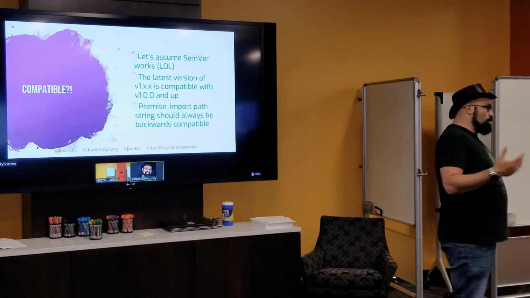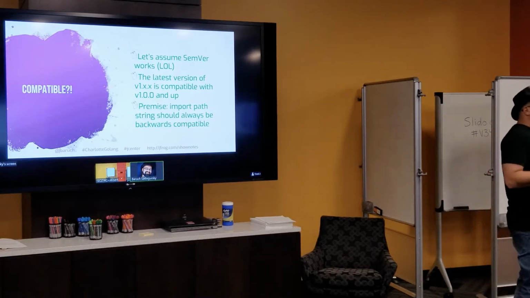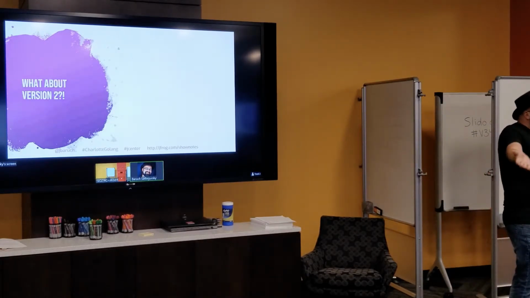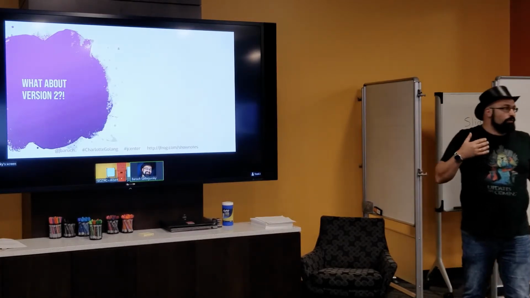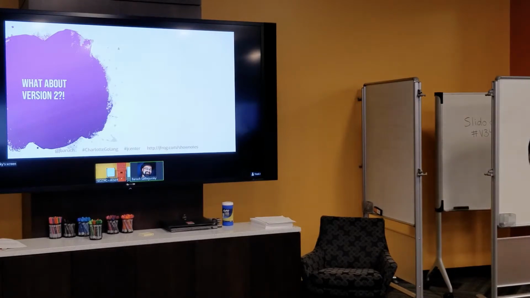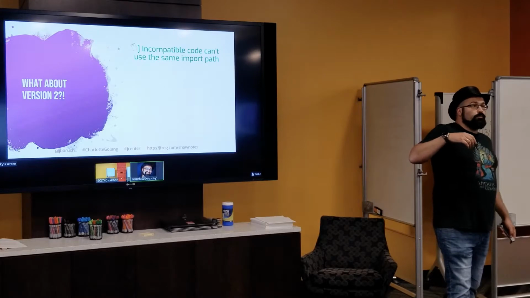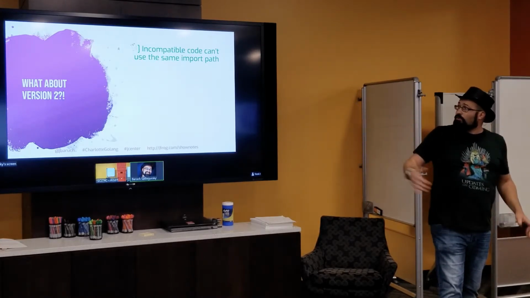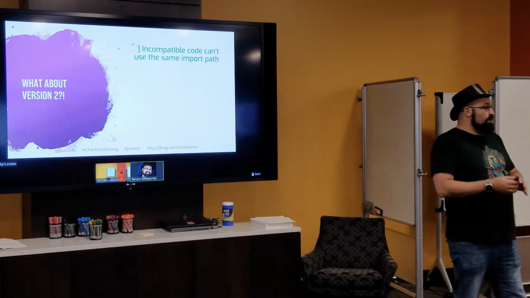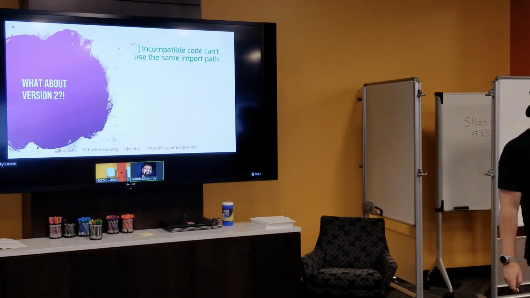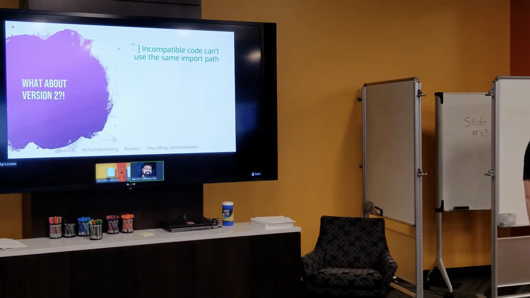Next question is, okay, major version, it makes sense, it should be backwards compatible. What happens if we bump the major version? How will Go know that I want the latest tag in version 2 instead of the latest tag in version 1? And the answer is, you need to tell it. We decided that incompatible code shouldn't ever use the same import path, because we assume that everything in an import path is compatible within the range. So we need a different import path.